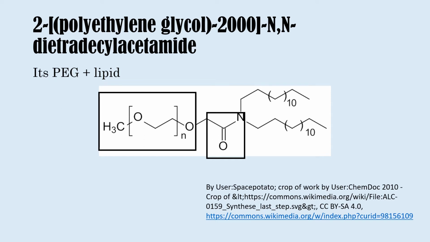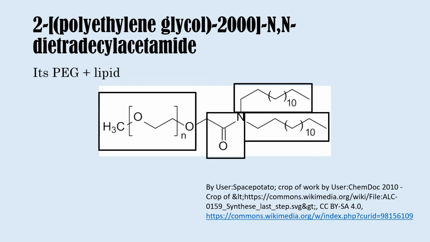It doesn't mean that there's 2000 polyethylene glycols, but more that 2000 is the overall weight of the entire chain of polyethylene glycol, which could be around 35 to 40 units. I didn't calculate that, so that's how long the chain is.